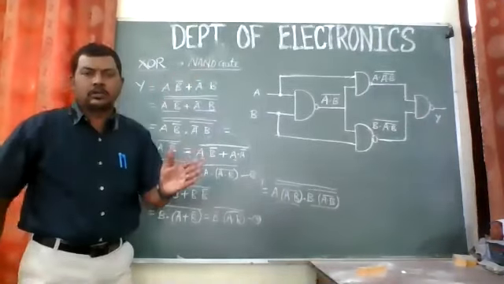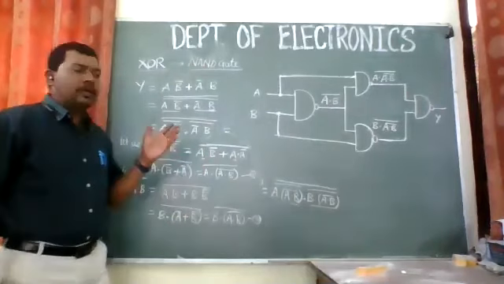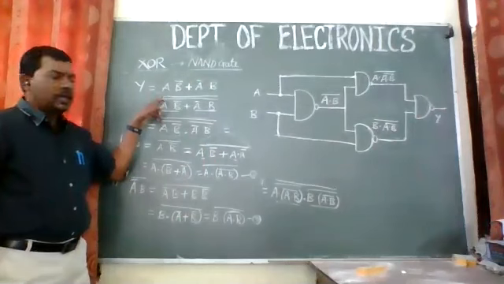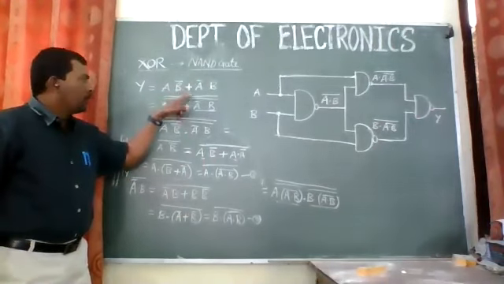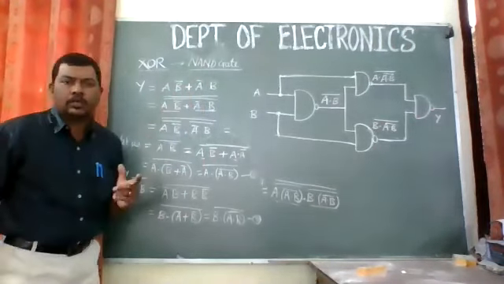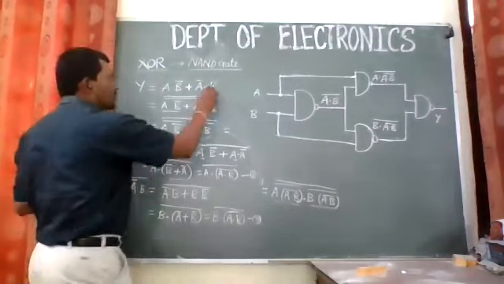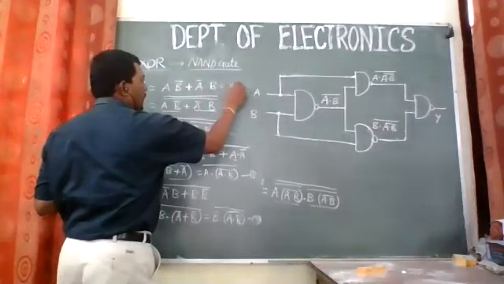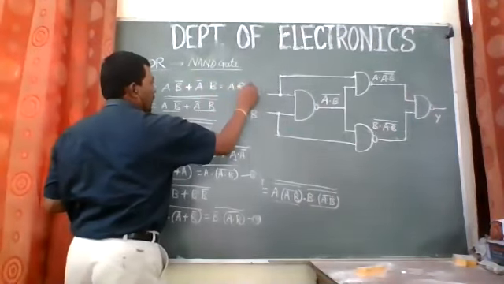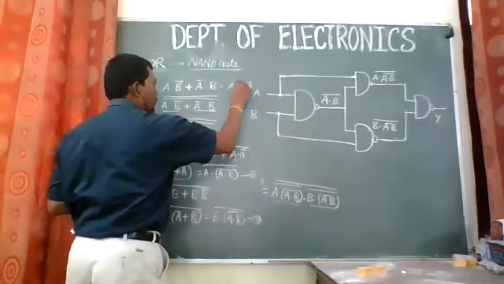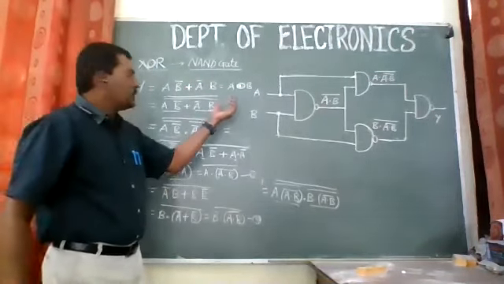Now what we have tried to do is reduce this equation of the XOR gate, that is A dot B bar plus A bar dot B. This is the equation of the XOR gate. And in some books, it is written like this: A XOR B, a circle with the sign of sum inside it, called XOR.